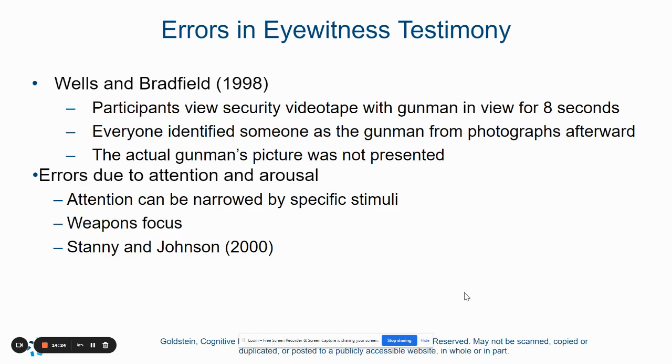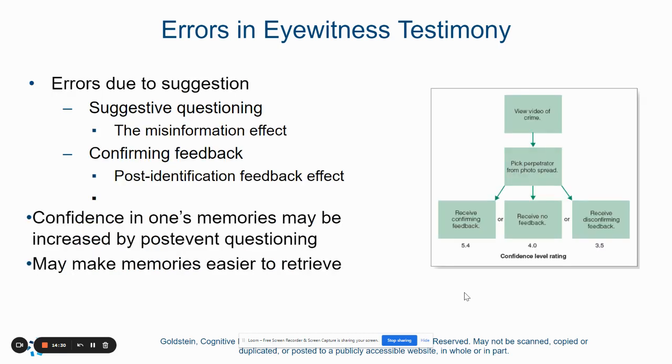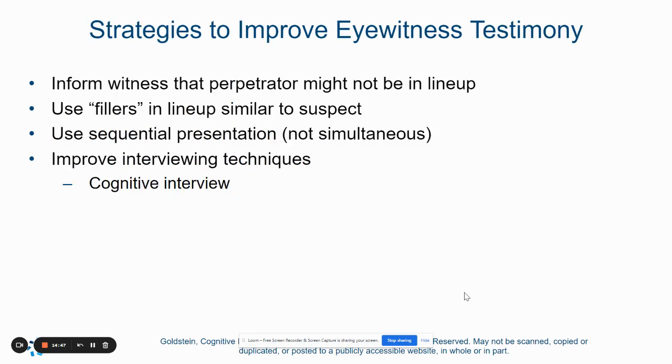Attention can be narrowed whenever we're presented with specific stimuli. And weapons can be the focus when they really shouldn't be. So sometimes how people are asked things can lead to suggestion that could confirm things for them. So we have to be confident in our memories, but realize that they could be influenced by how we're questioned.